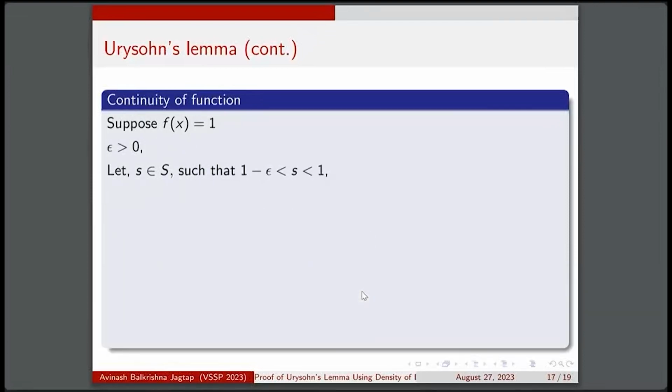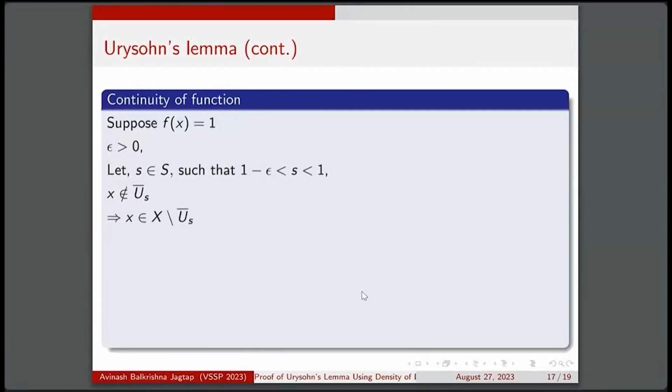Now let's assume that f(x) is equal to 1 and let epsilon be greater than 0. I know that S is dense in the open interval (0, 1), so there will exist some element s in S that lies between 1 minus epsilon and 1. Now s is less than f(x), so x is not in closure of U_s by the same remark.